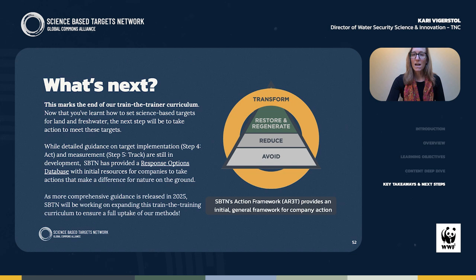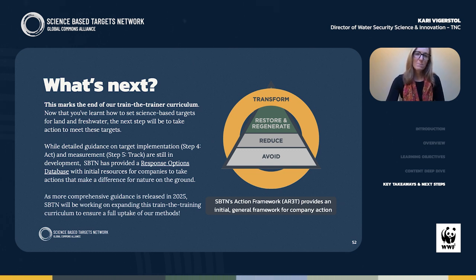As more comprehensive guidance is released in 2025 on how to continue with the 5-step framework with Step 4 Act and Step 5 Track, we'll be working on expanding this Train the Trainer curriculum to ensure a full uptake of our methods.